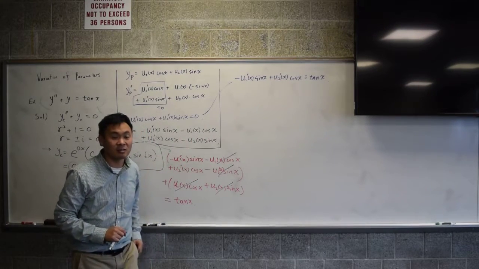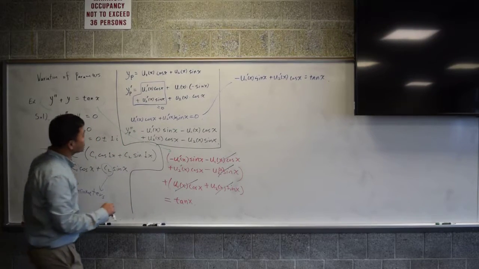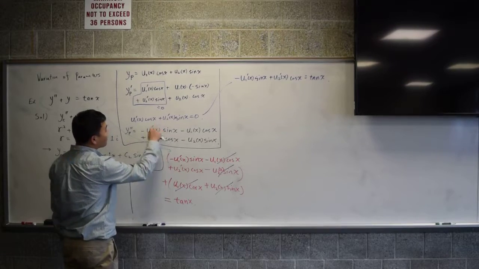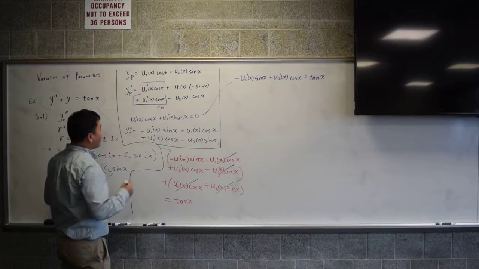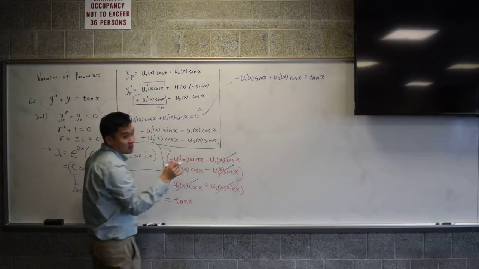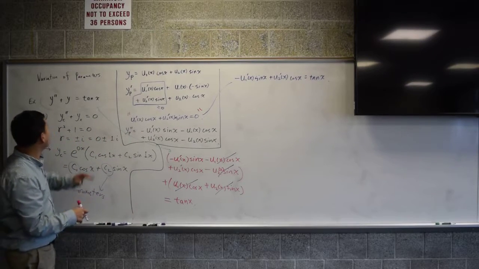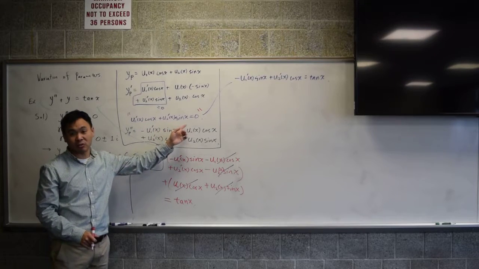That's the idea. Yes? How do you get u1 prime x cosine x plus u2 prime x sine x equal to 0? This one, this was an additional condition. Oh yeah. This is what we will always assume. Okay, when you're applying the variation of parameters, you will always assume that we have such a thing.